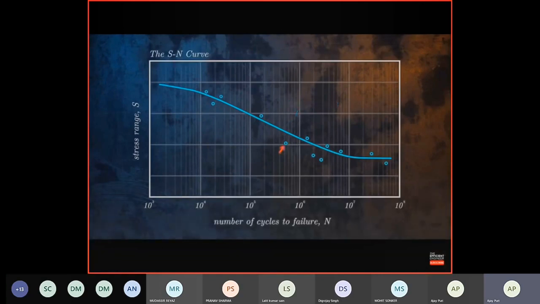This test piece, for example, failed at a much lower number of cycles than predicted by our SN curve. For this reason, SN curves published in engineering codes are normally shifted downwards by a certain number of standard deviations to give a reduced probability of failure. Here, by shifting the mean curve down on the vertical axis by 2 standard deviations, we have reduced the probability of failure from 50 to 1%.